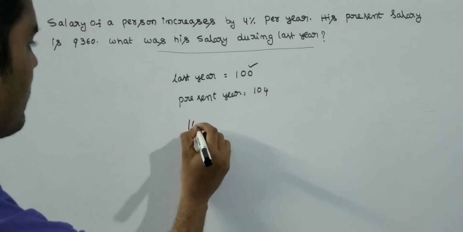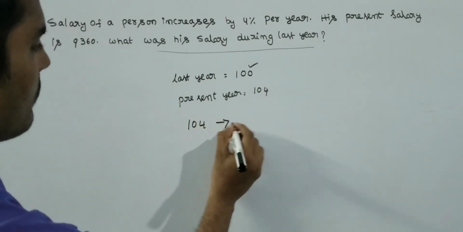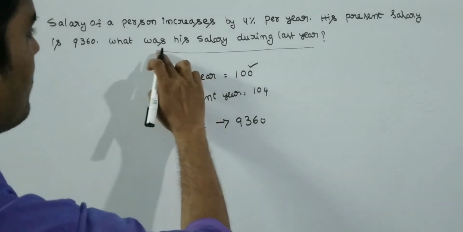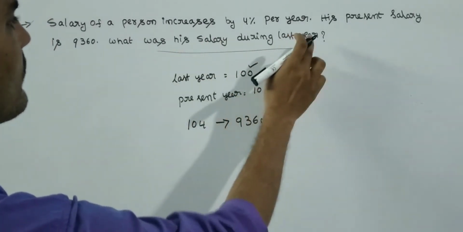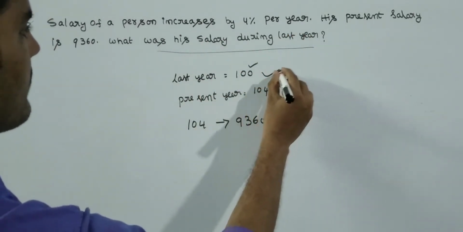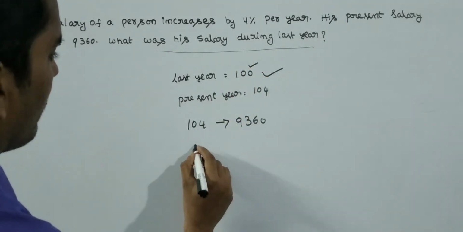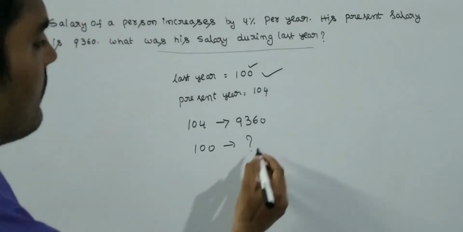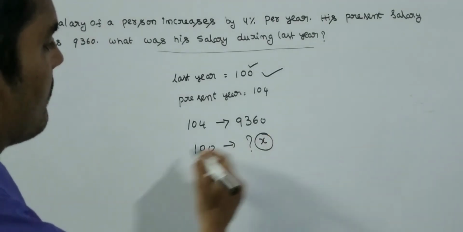That means this 104% equals 9,360. What is he asking? What was his salary during the last year? See friends, last year's salary is how much? 100. So we have to find this x.